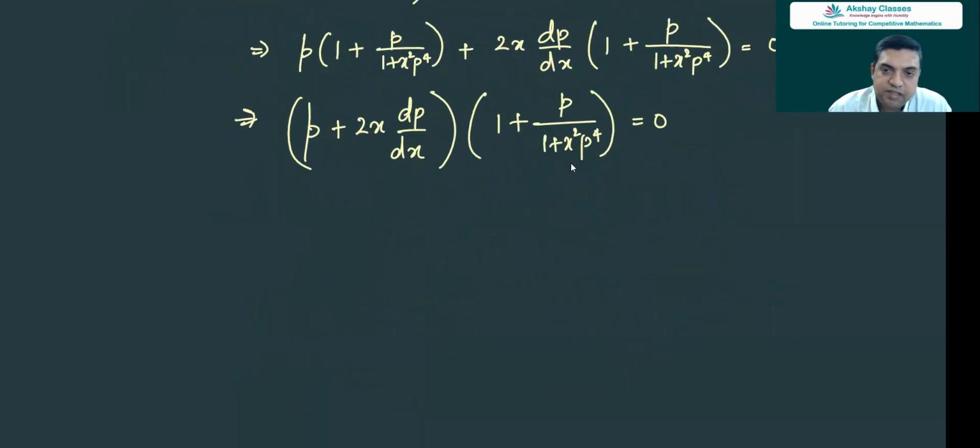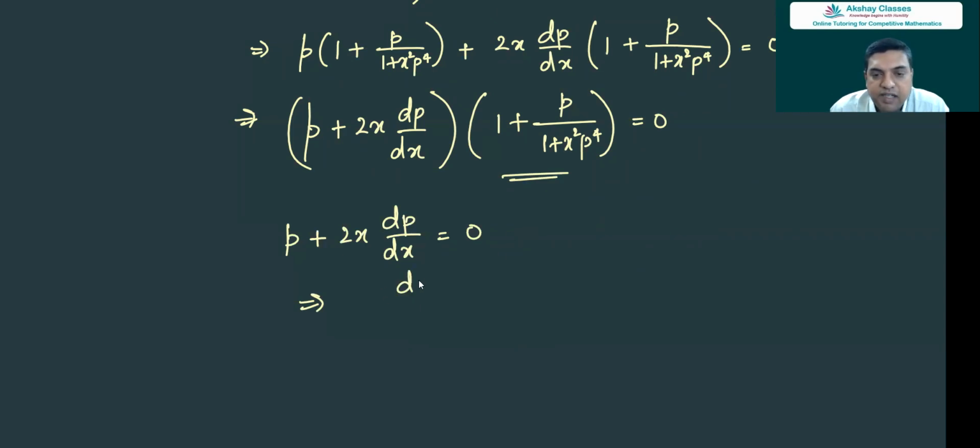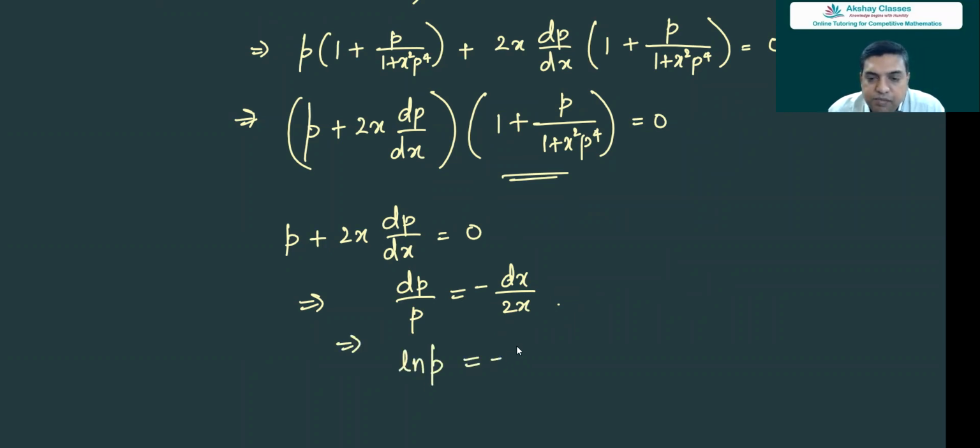Now leave this aside. All right. Look at this. We can solve this. So p plus 2x dp by dx is equal to 0. Now taking this to the other side and bringing it down, and integrating, we get log p is minus half log x plus say log c.